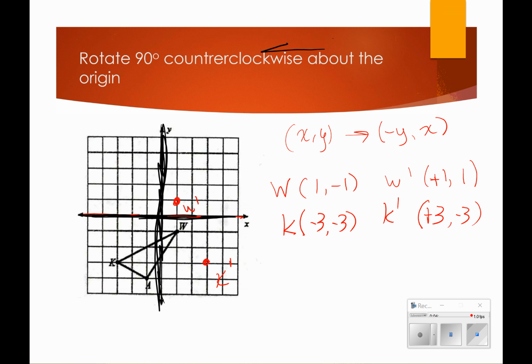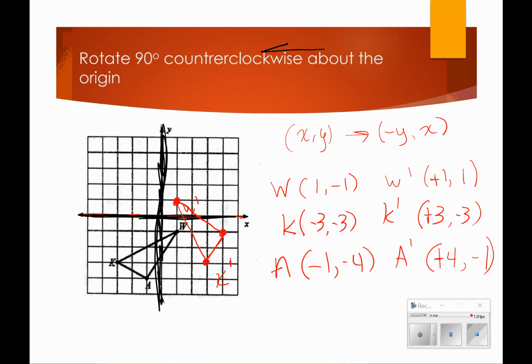And then the A is (-1, -4). So for my A prime, I'm going to flip around the -4 and -1, and change the first to its opposite. So (4, -1). Okay, so there is our new triangle.